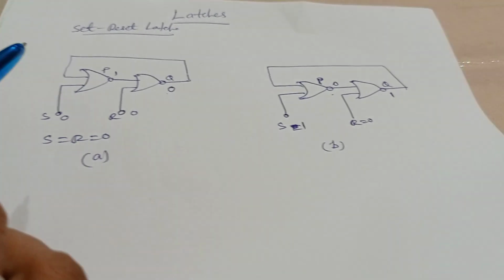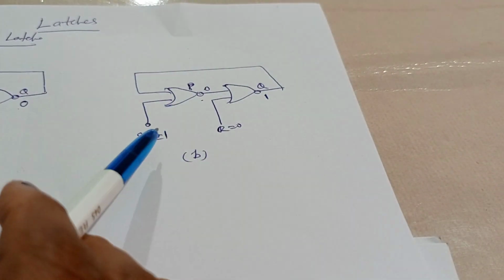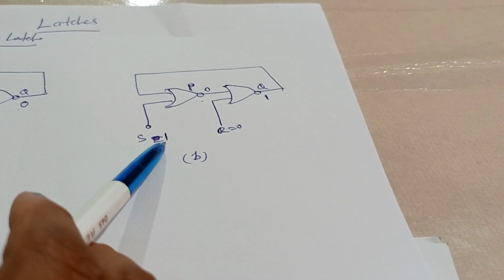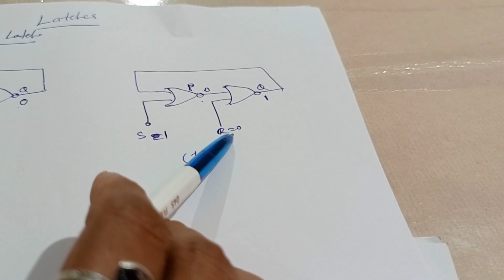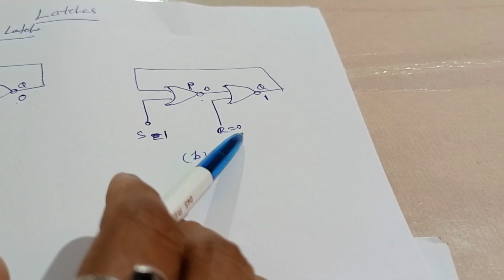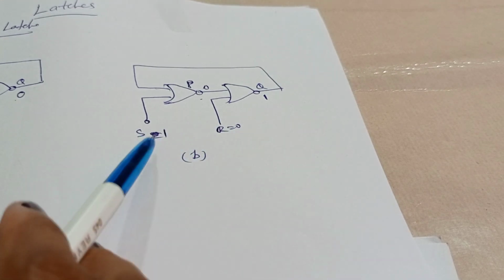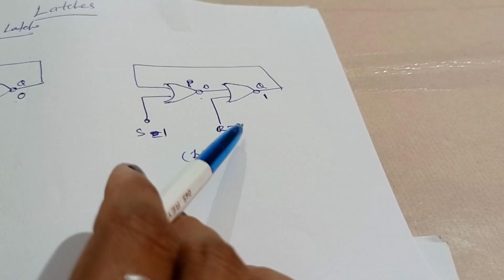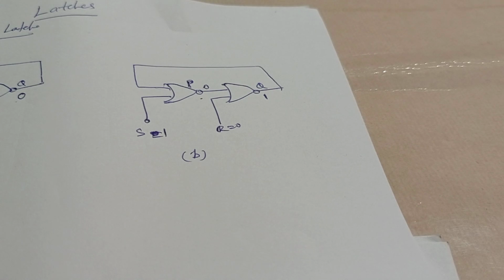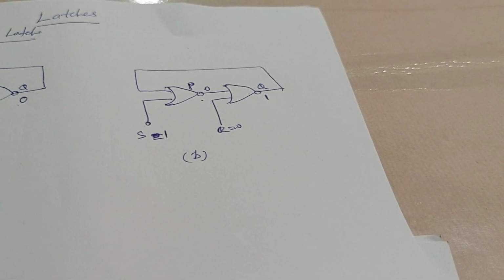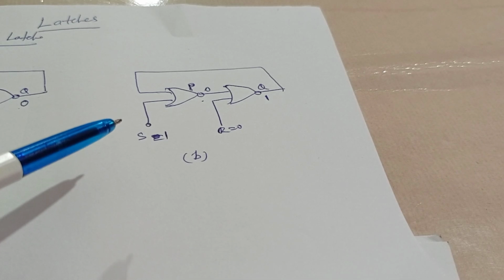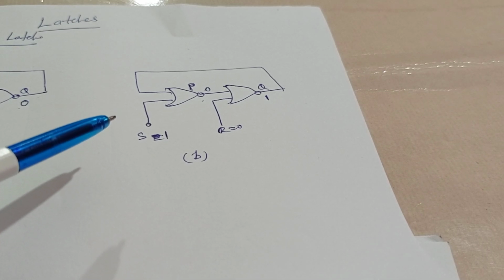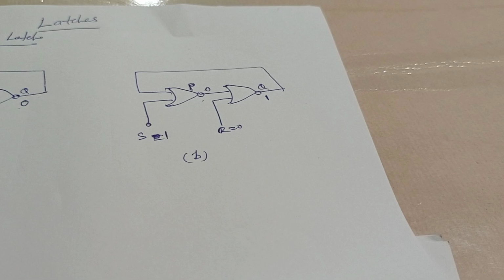Same as here, S becomes 1. That means one of the inputs, the set value, is 1, sorry, and the second input, the reset value, is 0. Now this is an unstable condition of the circuit, because both the inputs and the output of the second gate are 0.